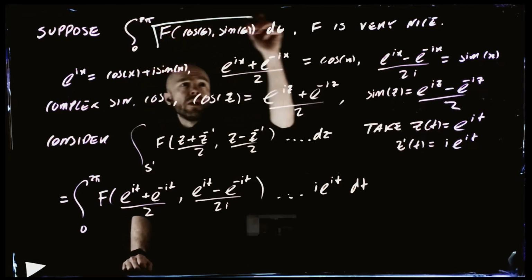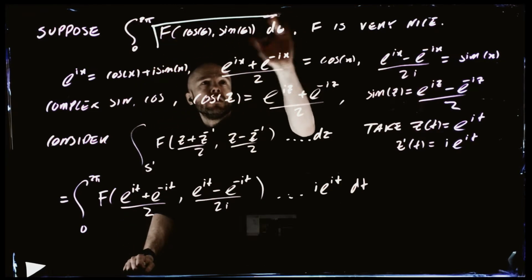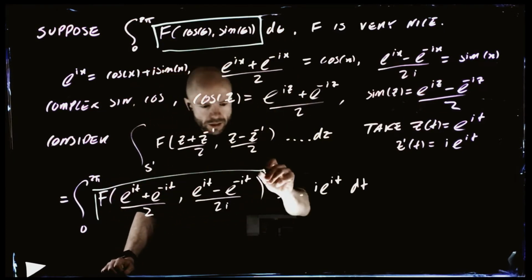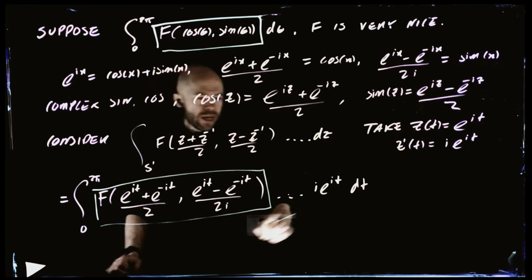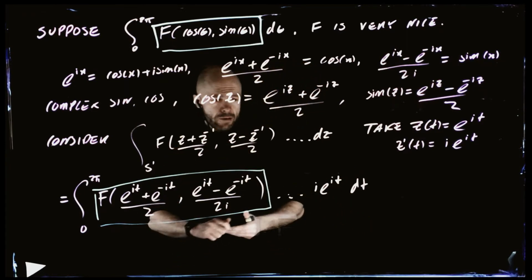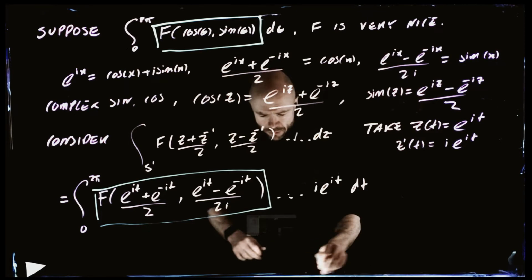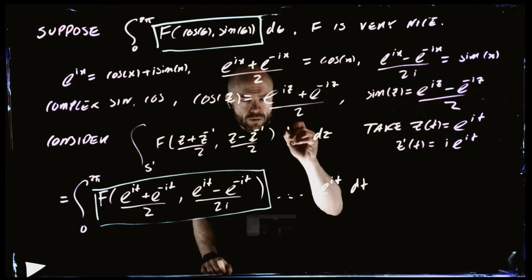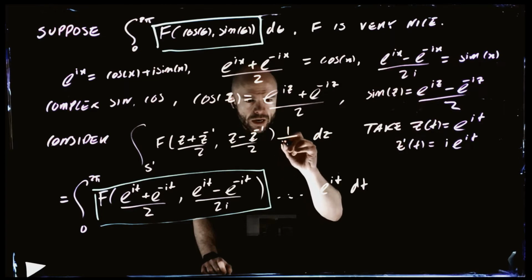We get this thing out of this thing, except that we have this term right here that we do not want. So instead of considering this guy right here, what if we considered this function, 1 over iz?